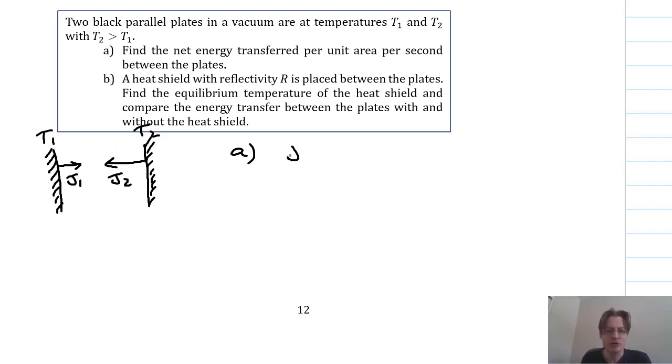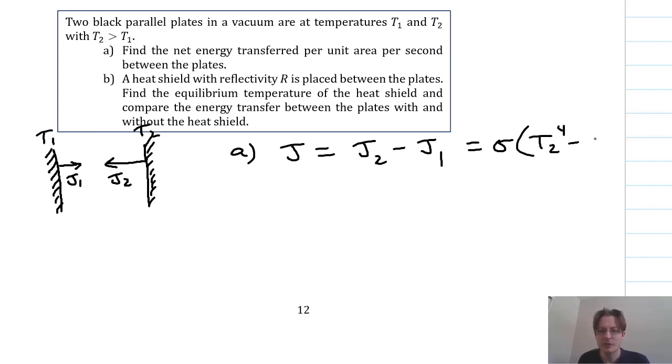The net heat transfer is J2 minus J1. In other words, to be clear, this is sigma T2 to the 4th power minus sigma T1 to the 4th power. That's the net energy flux from one to the other.